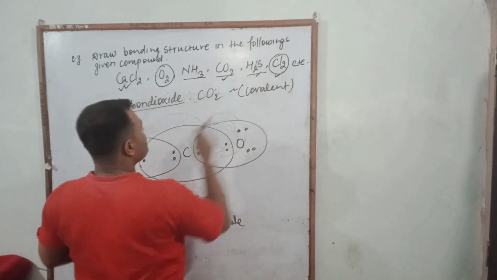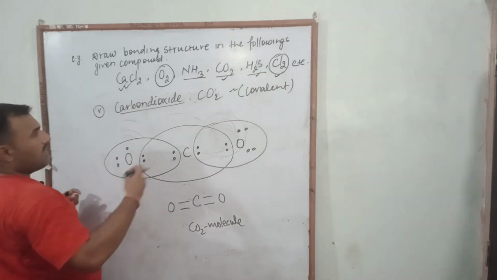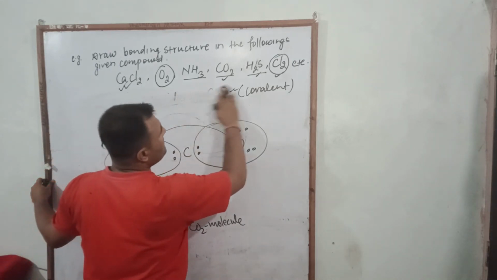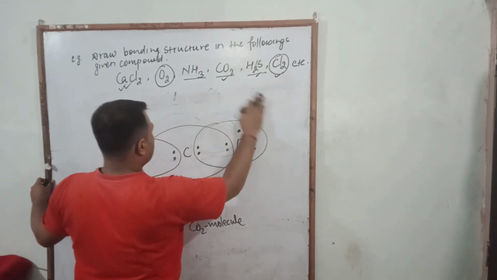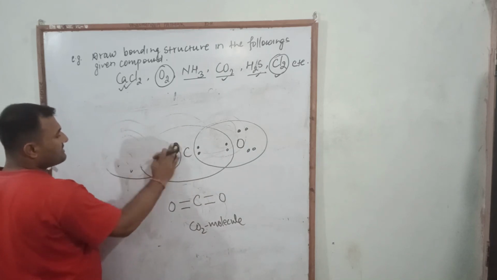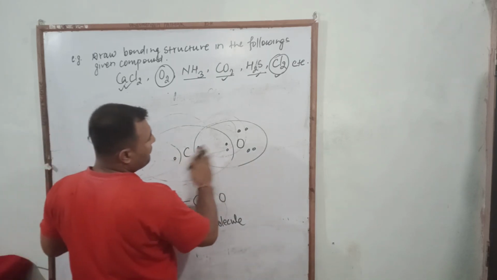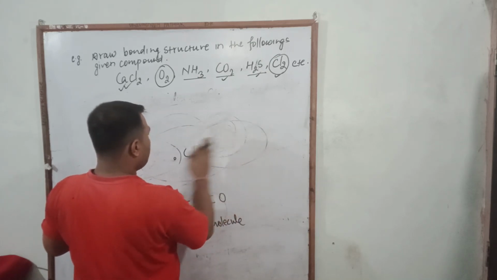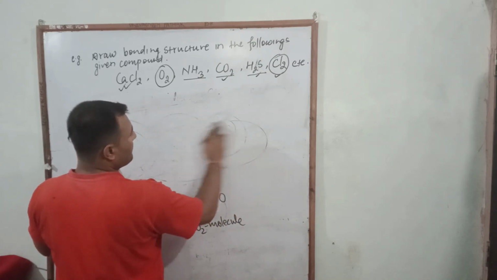The last one is hydrogen sulfide. In the same way we can draw the molecular structure of hydrogen sulfide. In hydrogen sulfide, 2 hydrogen and 1 sulfur are there.